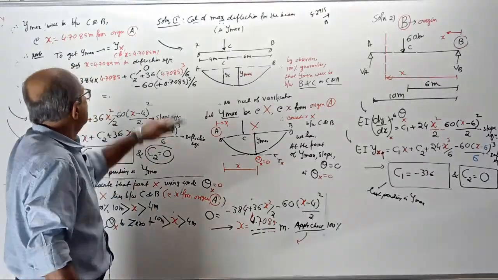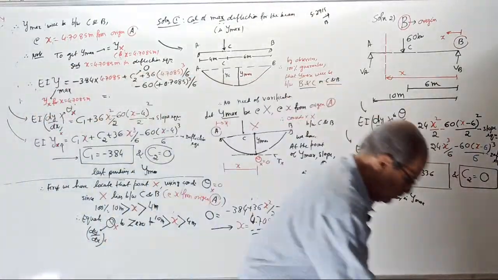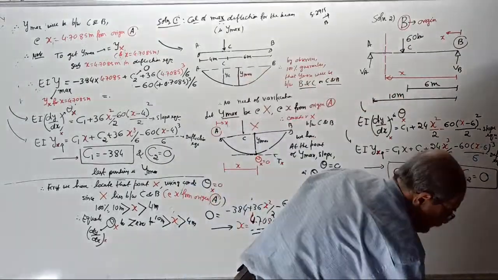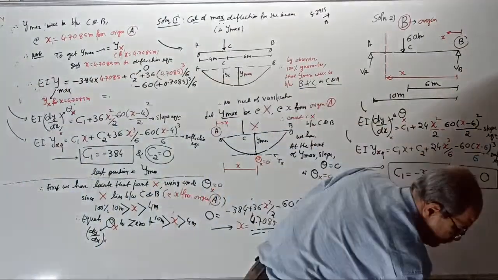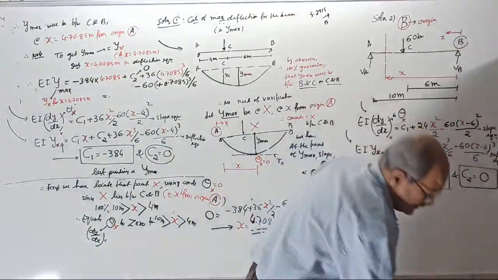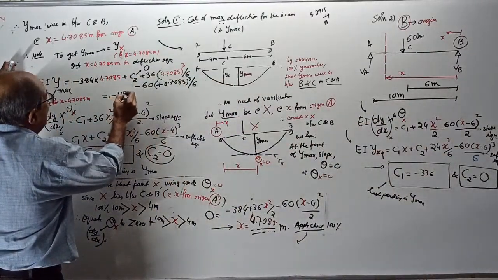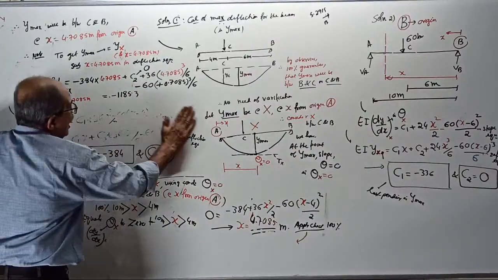Substitute here, tell the answer. 1185.3. No, wrong. Minus, correct. Minus 1185.3. Now I can remove all this, not required.